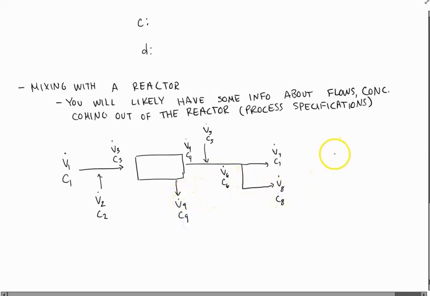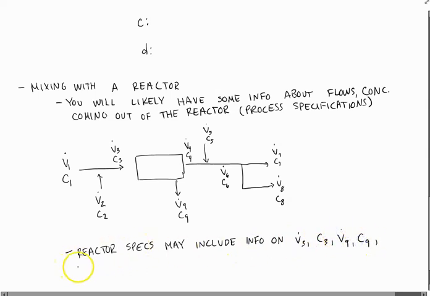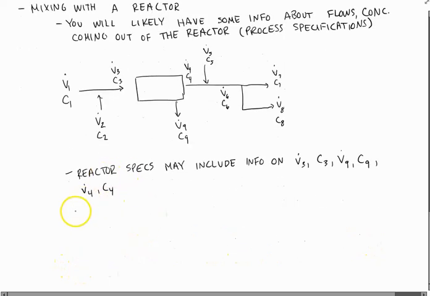So the equations, the process specifications, might include information related to the variables v3, c3, v9, c9, or v4 or c4.